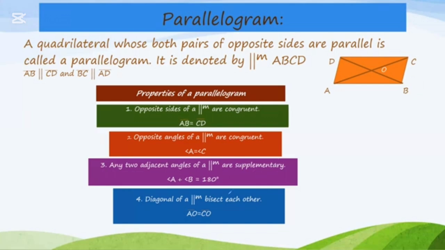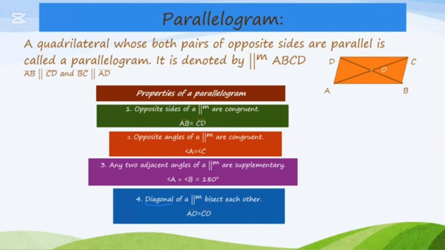Now the diagonals. The fourth property, the last property of parallelogram is of diagonal. Okay, the diagonals of the parallelogram bisect each other. Okay, what is the meaning of bisect each other? Here you can see the diagonal number one, AC, okay, and diagonal number two is BD.